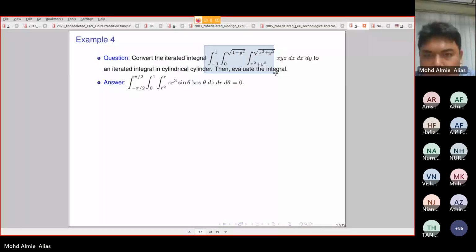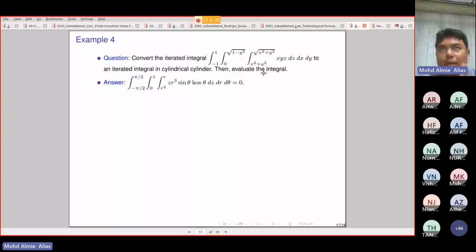Here, z equals to x squared plus y squared, which is like a bowl. It's a paraboloid, a concave kind of bowl. And then this is a cone.